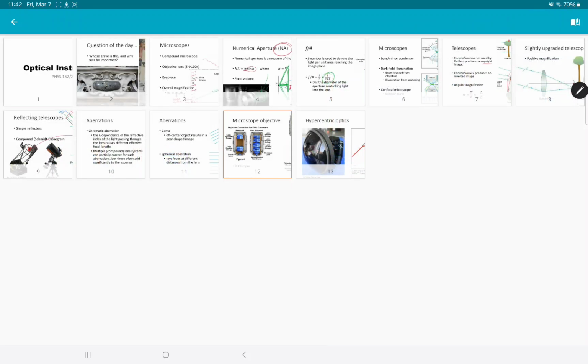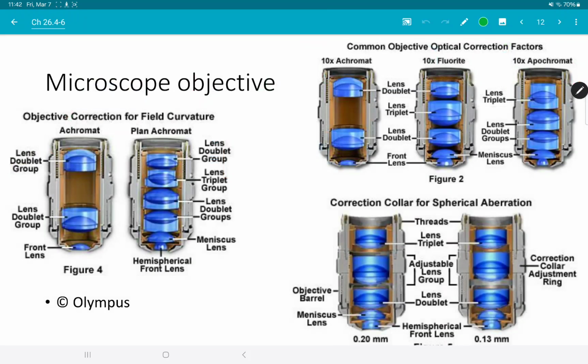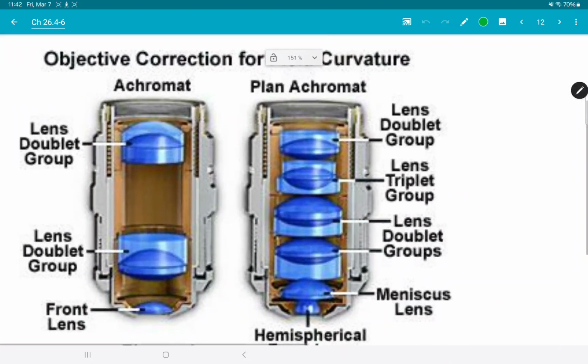Okay, so real microscope objectives are usually quite complex. It's not just a single lens like we've been drawing for the objective. Usually it's multiple lenses, and they're often paired. They have different materials that they make these out of.